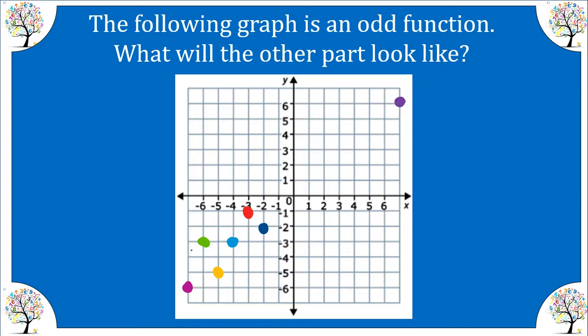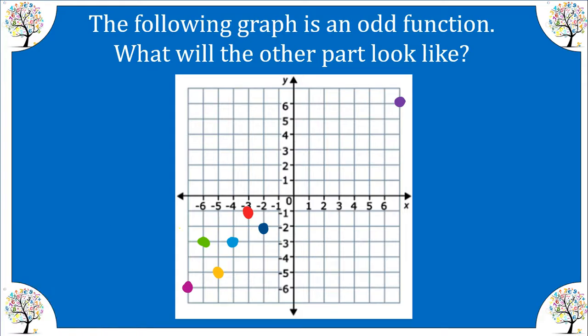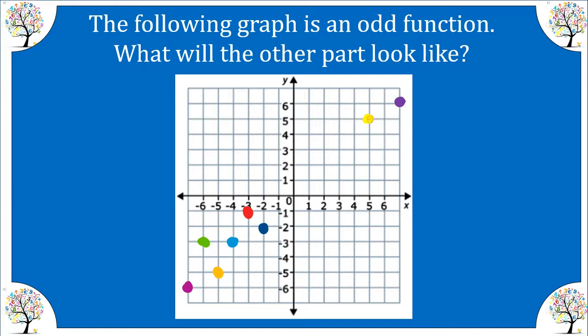So that's being rotated 180 degrees. Now let's do our yellow one. And so -5, -5. So when I put in +5, I should get out the opposite of that other outcome. And we have +5. Make that a little bit darker.